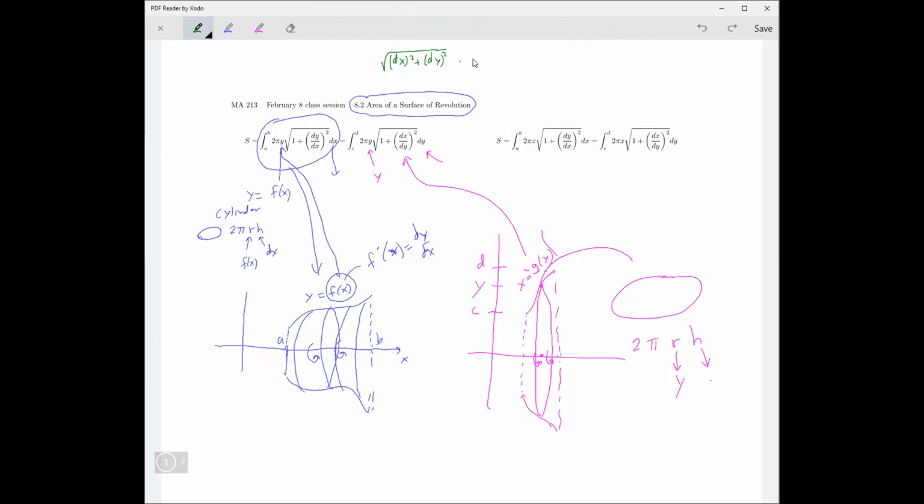You can see that it's equivalent to either of those. If you take this dx and distribute it inside, it goes in as a dx squared, and the dx squared here is going to cancel. If you take this dy and put it inside, it goes into dy squared, and you get this either way. So there's two ways you can go, that or that.